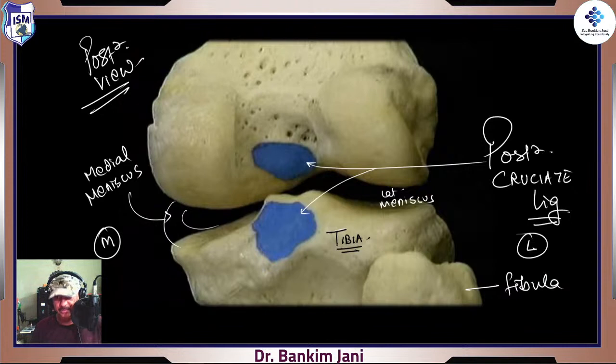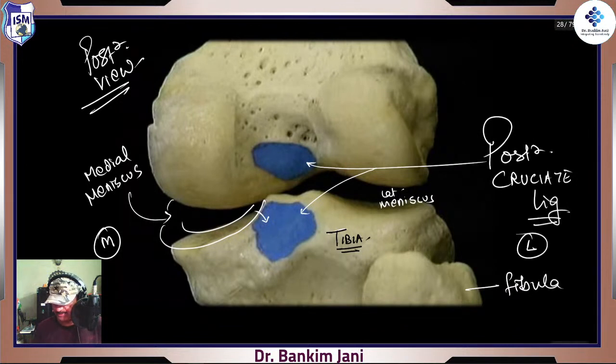This is intercondylar area, but the posterior part. And it is behind medial meniscus. This makes complete sense because medial meniscus would be all the way like this, and like this. It is just behind the medial meniscus.